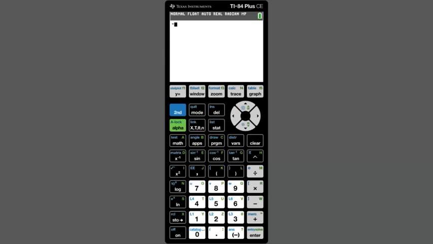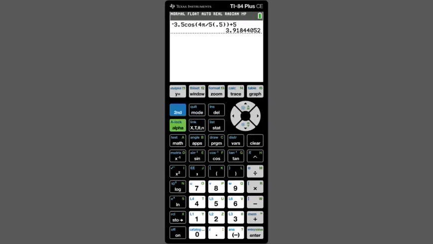So we have negative 3.5 cosine of 4 pi divided by 5 times 0.5 plus 5. So there's the y when x is 0.5.